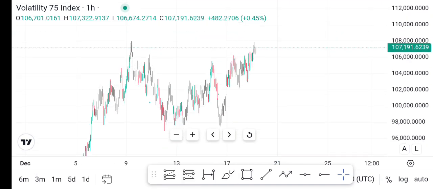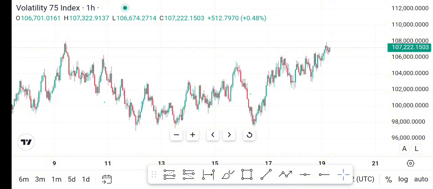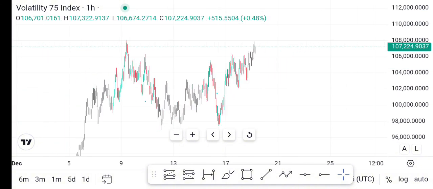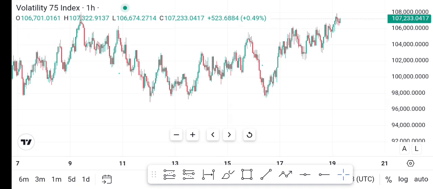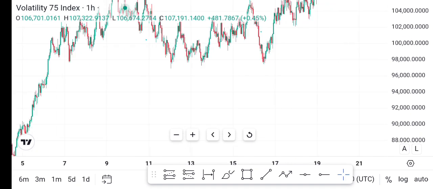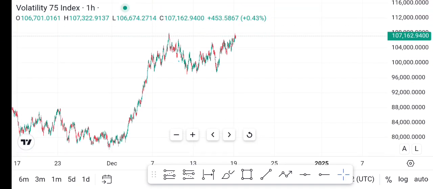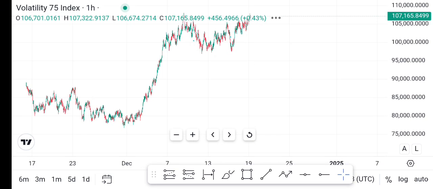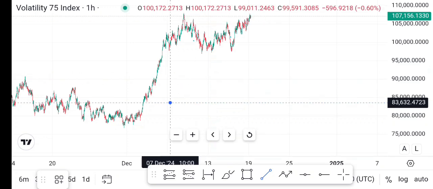So this is H1. Here we are on H1, and we can see that the market is still, like H4 was telling us, looking for the sales. If we are looking for the sales, this is what we have to do. Let us get our counter trend here.